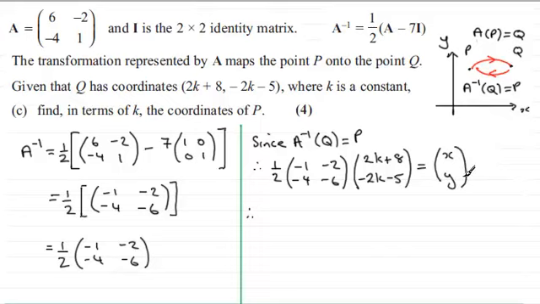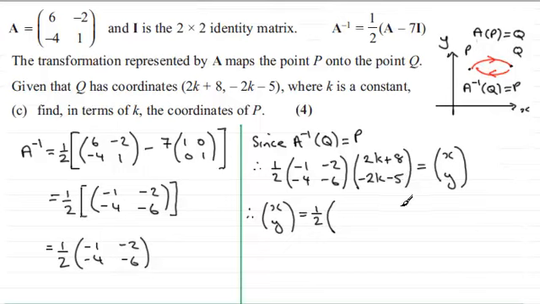So if I work this side out, I'm going to write xy first of all on the left though. xy equals, so working this out, let's just keep the half out the front and multiply out our matrices. So we've got minus 1 times 2k plus 8, and then that's followed with minus 2 times minus 2k minus 5.